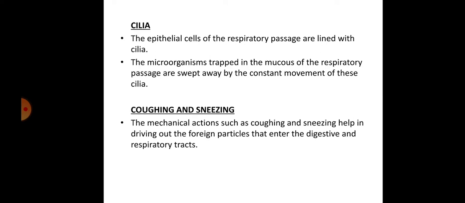Next one is a natural phenomenon, the cough and sneeze which we perform. Whenever you inhale dusty wind or dusty air, you start sneezing. By sneezing, this is a mechanical process, you are putting out all the microorganisms and dust particles which have entered your body system.